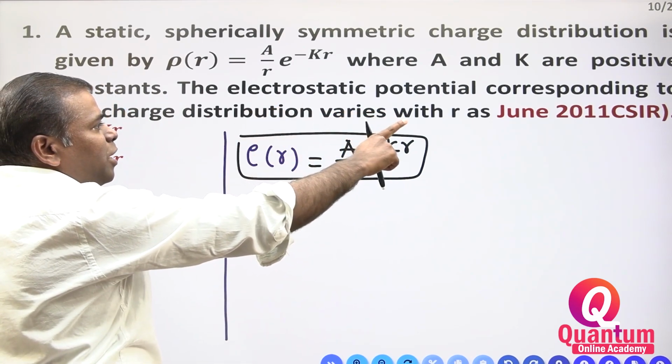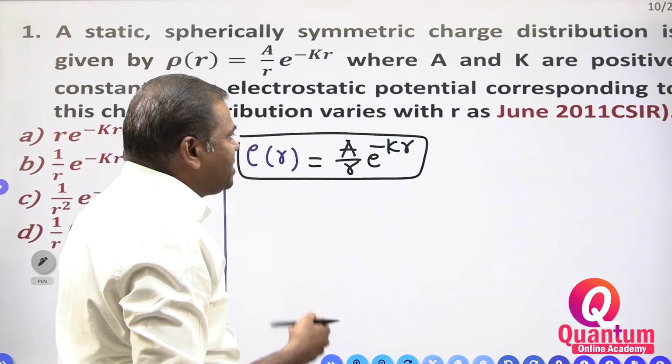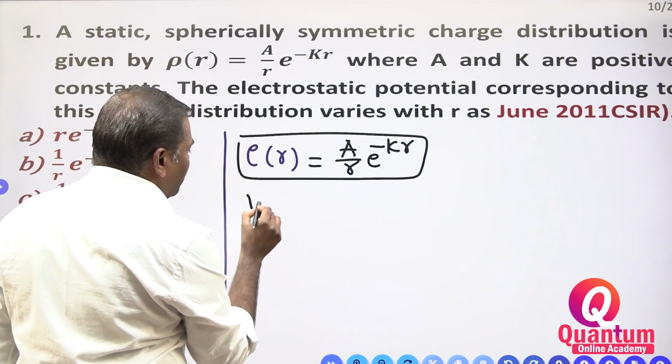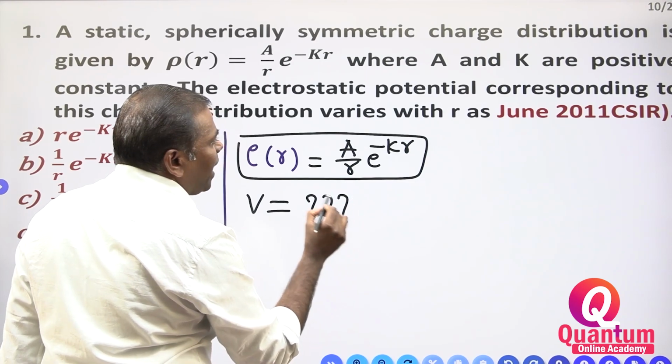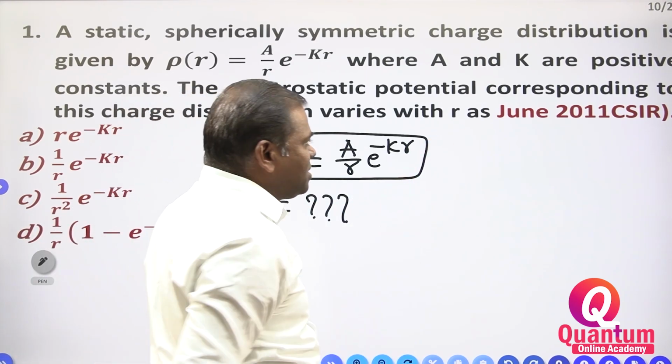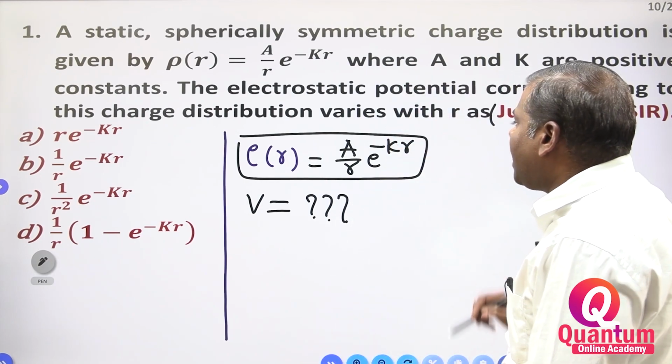The electrostatic potential corresponding to this charge distribution varies with r as... They asked this question in the June 2011 CSIR examination.